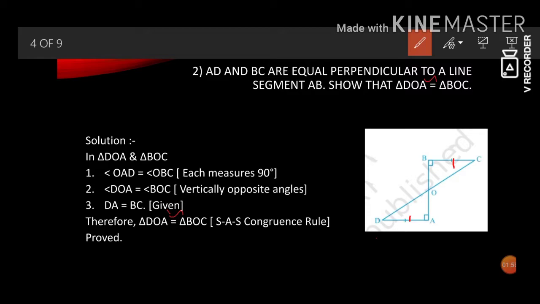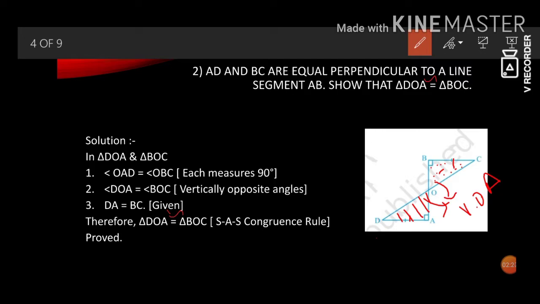We have to show that the triangle AOD, that is this shaded triangle, and BOC, this dotted triangle, are congruent. So the first thing that we have written is that in triangle DOA and triangle BOC, angle O are equal by vertically opposite angles.